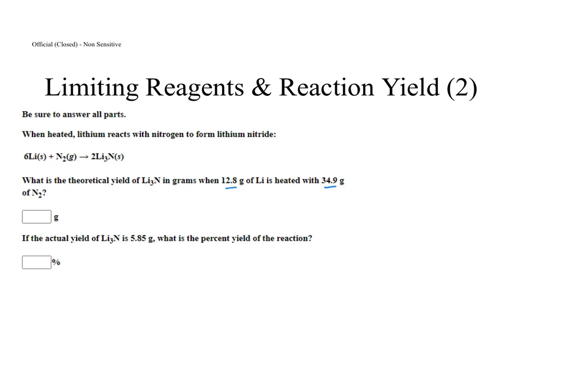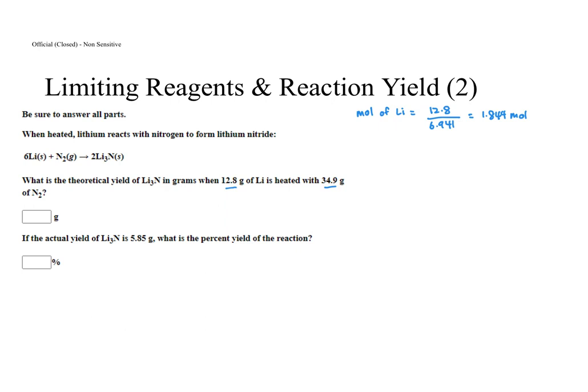So let's find out the moles of lithium and the moles of nitrogen. So for moles of lithium, take the mass, which is 12.8 grams, divide by the atomic mass of lithium. So we get 1.844 moles.